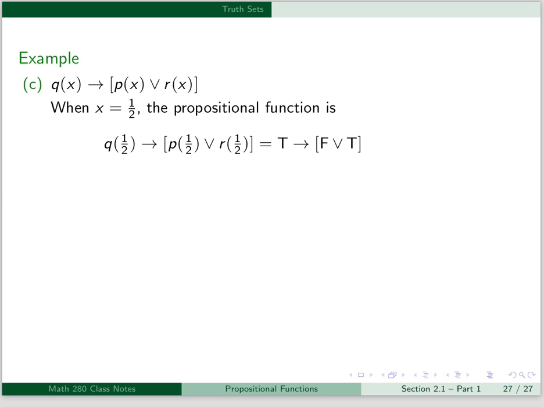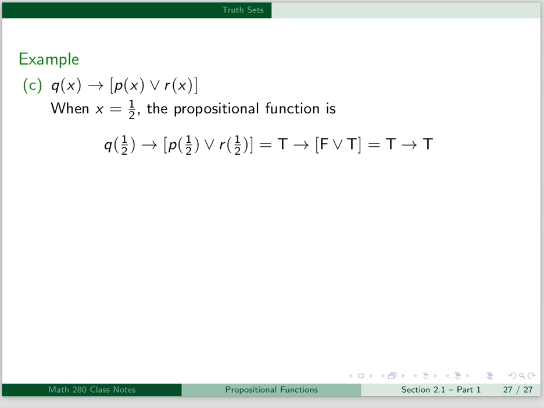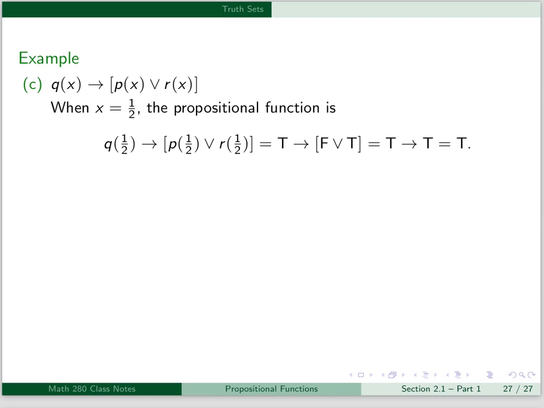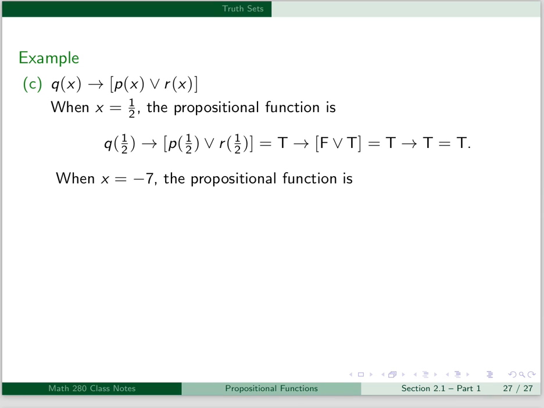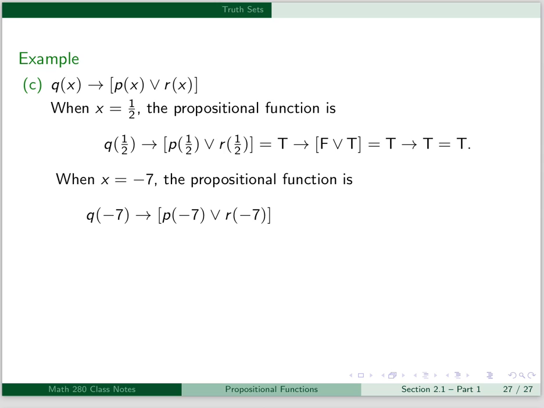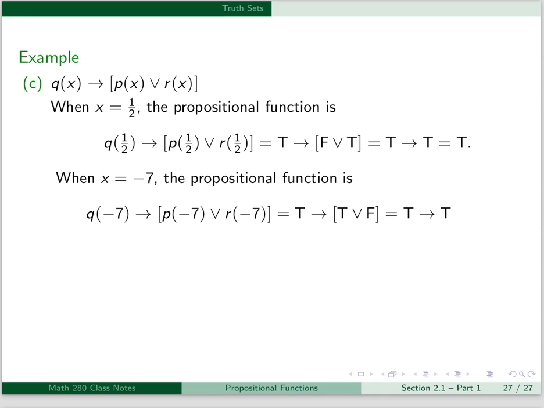Now, false or true is true, so this is true implies true, which is true. When x is equal to -7, the propositional function is q of -7 implies p of -7 or r of -7, which will be true implies true or false. And again, true or false is true, so this is true implies true, which is true.